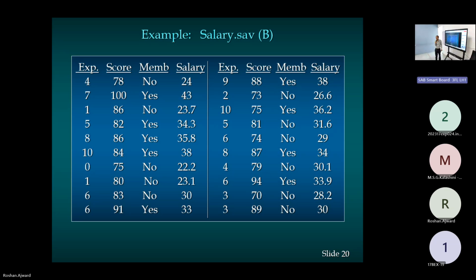Membership, yes and no: whether the computer programmer has a membership in a professional qualification or not. Yes, no. But to put that in the regression, you have to convert it to 0 and 1. It has to be 0 and 1. So I will convert that to 0 and 1 and give that to you in the data set.